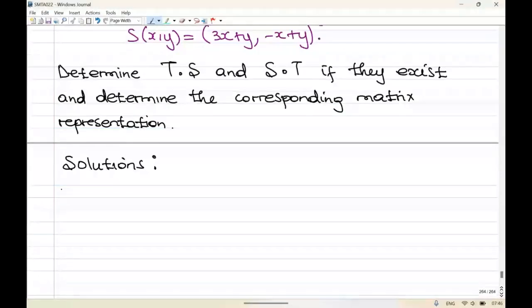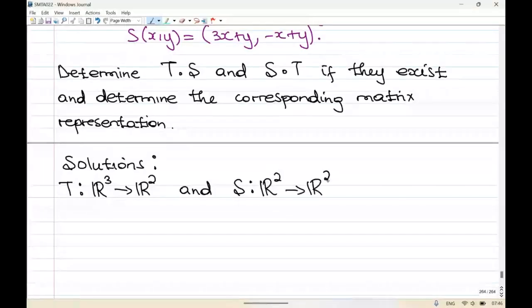Map 1, or transformation T, takes R3 to this 2 dimension, and S takes 2 dimension to 2 dimension. Is it clear, colleagues?